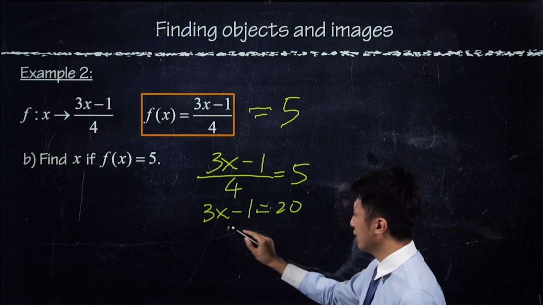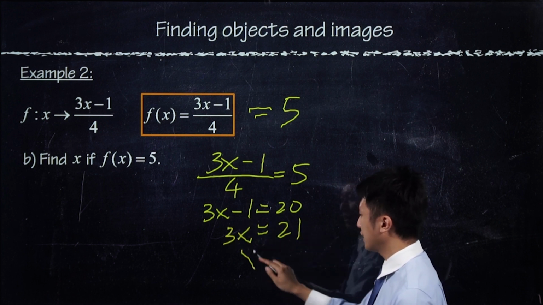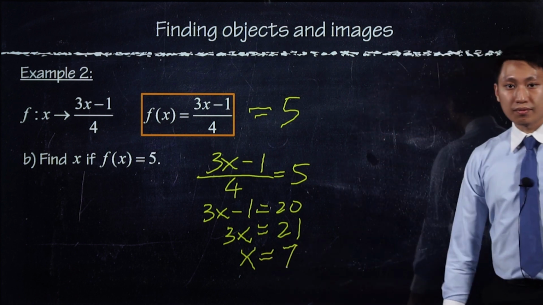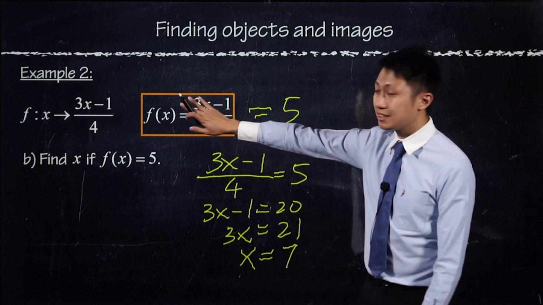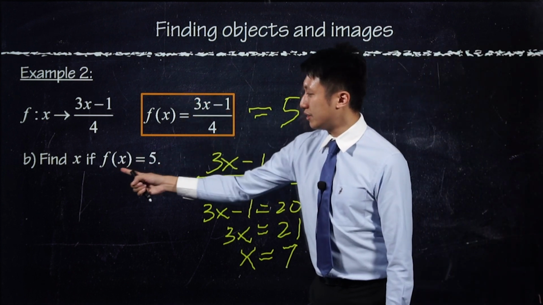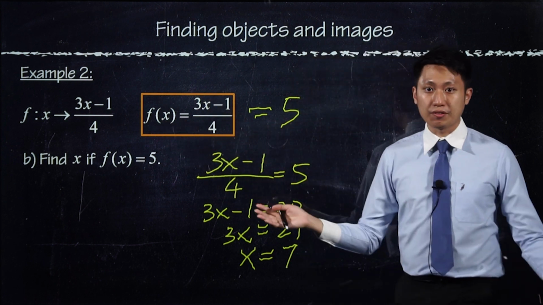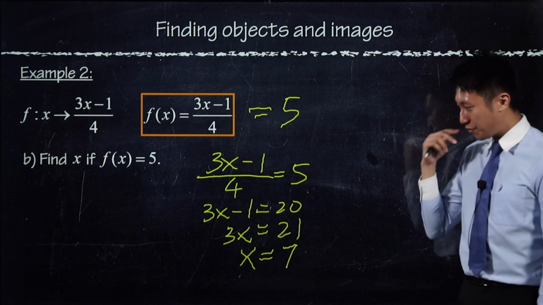I move this over, I'll get 3x is equal to 21. So x is equal to 7. Problem? It should be fine, right? If you write this down, then you refer to this one. I want f(x), meaning this thing, to be equal to 5, and I solve for it. It's your Form 1 stuff.